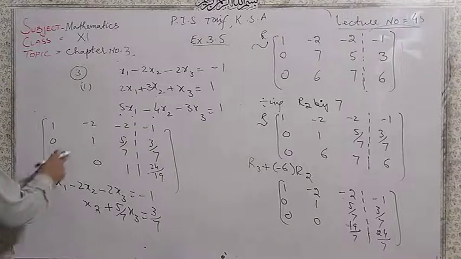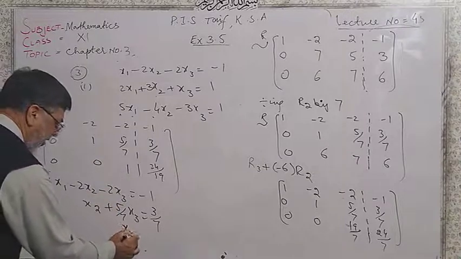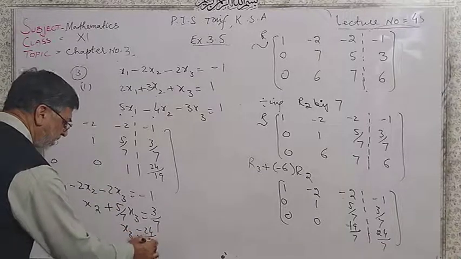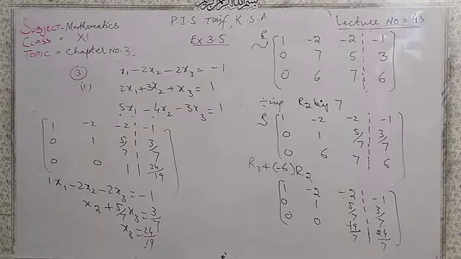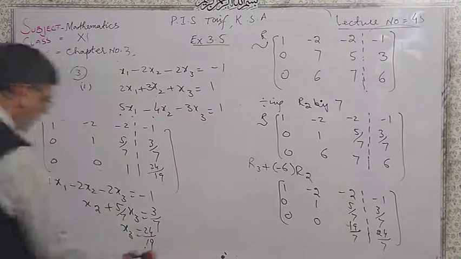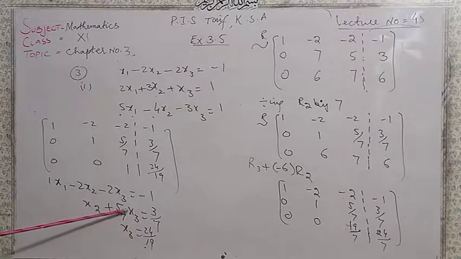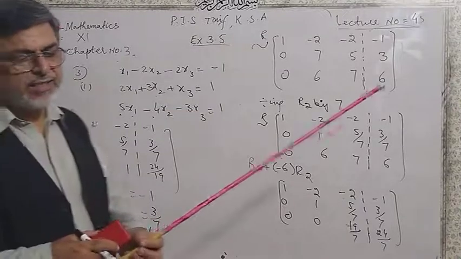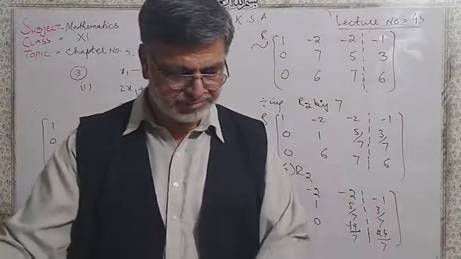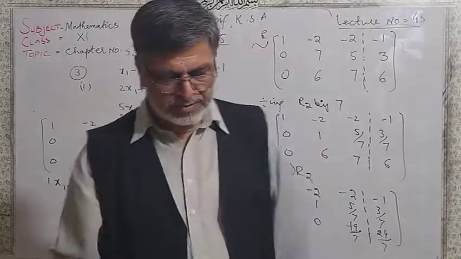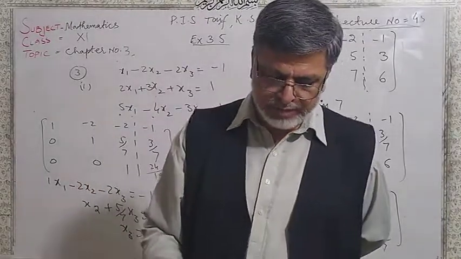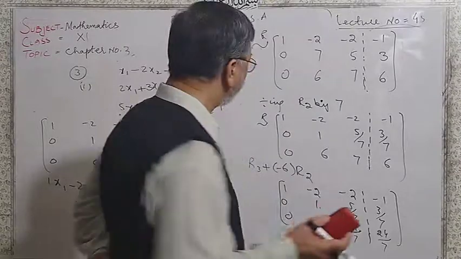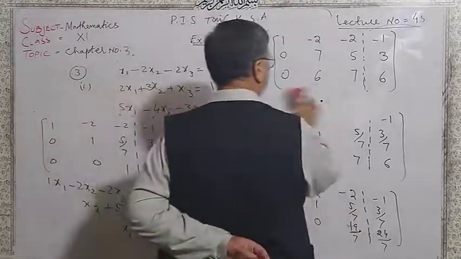Then here is 0x1, 0x2, then x3 is equal to 24 over 19. So we will apply x3 in this second equation, we will find x2. We will apply x2 and x3 here, we will find x1. This is echelon form. So we can apply these values here.